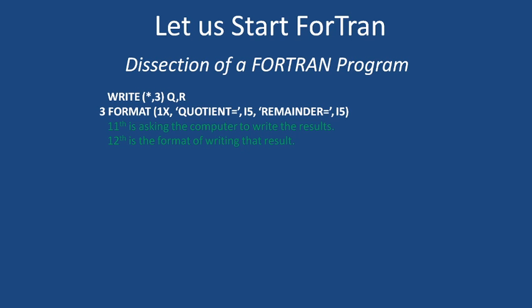After that there will be remainder as it is, written, and equal to I5, which corresponds to R. So Q will be in I5 format, and R will also be in I5 format. So here I is integer and 5 means length of the integer including sign. That is how the results will be written on the monitor of the computer.